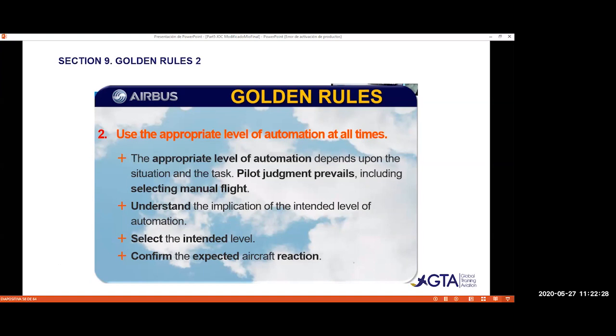With the sun in front of you, you are tired, sleepy, and also with the sun in front. Maybe the autoland is the proper thing that you have to do. Use the proper automation at all times.